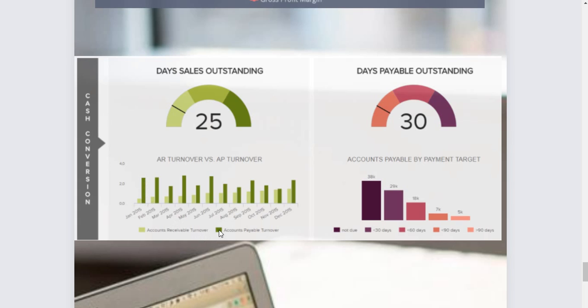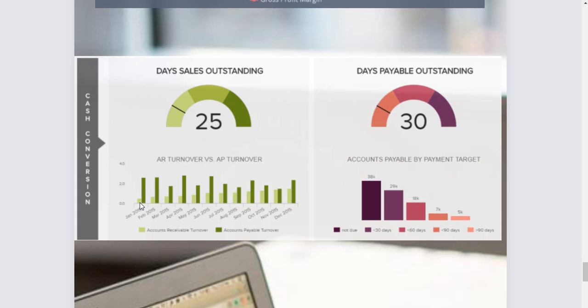Look, the dark green is accounts payable, which is money the company has to pay. And the light green is accounts receivable, which is the amount of money the company is going to collect. Look at this. In January 2015, the company was just going to collect this amount of money, but the company had to pay all this amount of money.